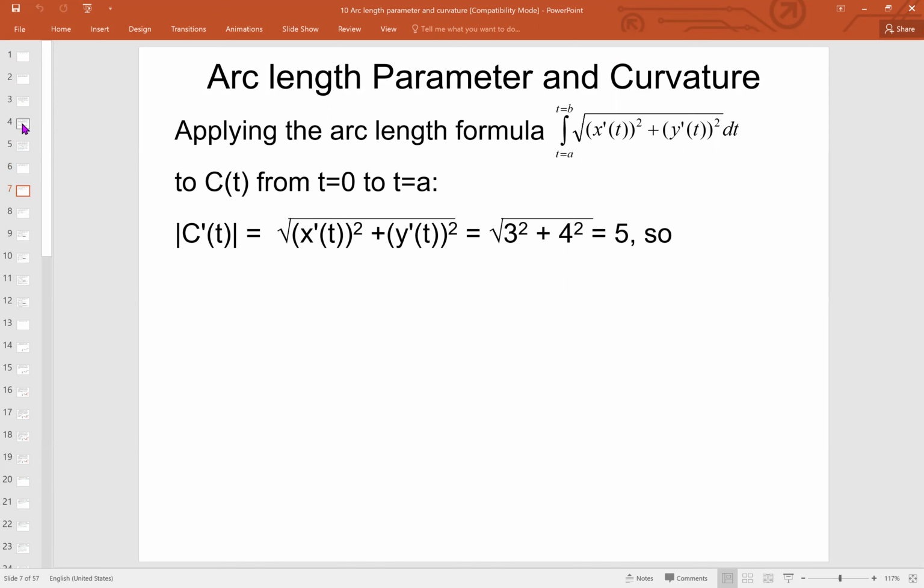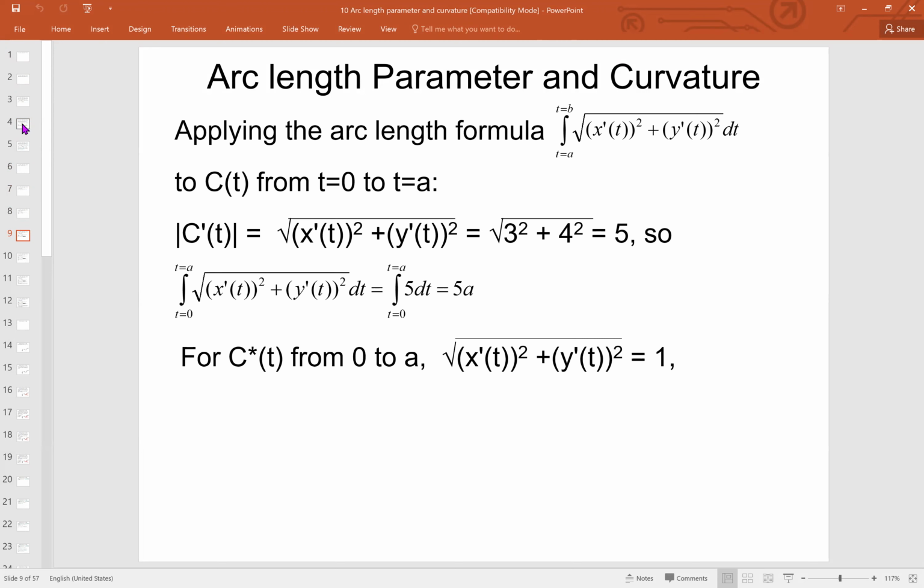So the arc length of the first curve, C of t, has speed 5. Between time 0 to A, it travels the distance 5 times A. And the other one, a different parameterization whose speed is constant 1, travels in time A exactly the same measurement.